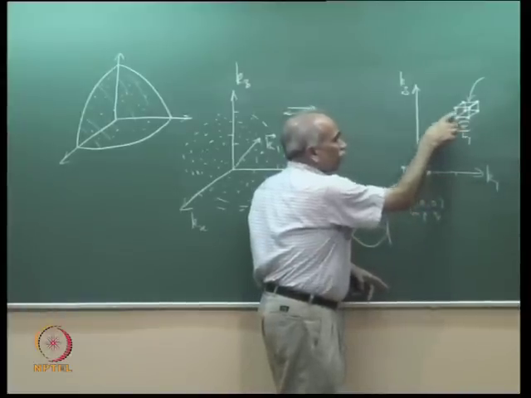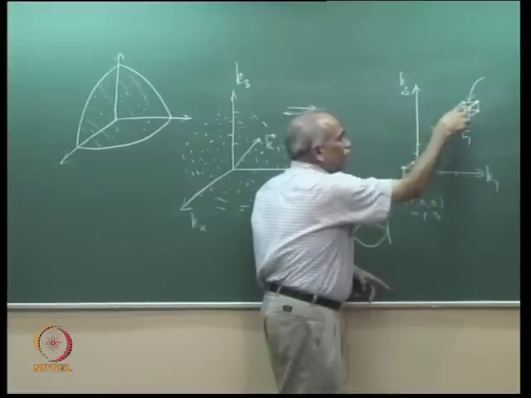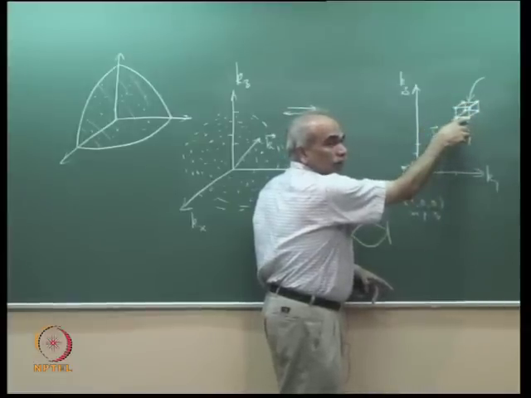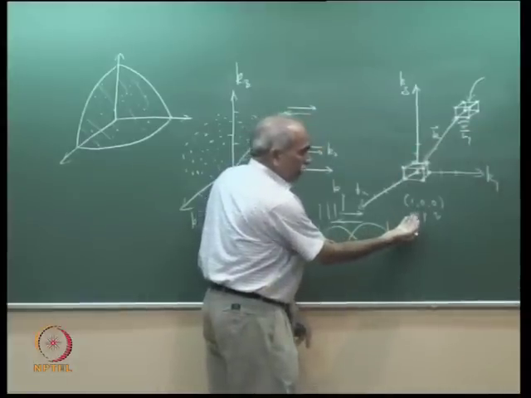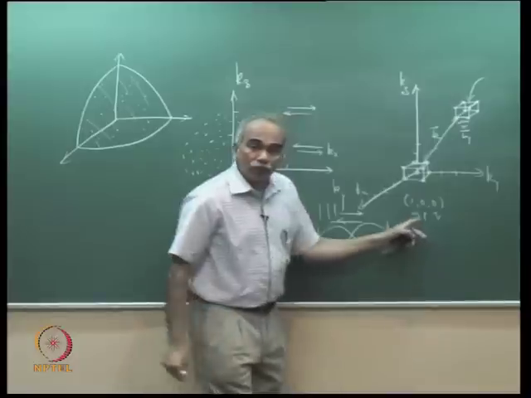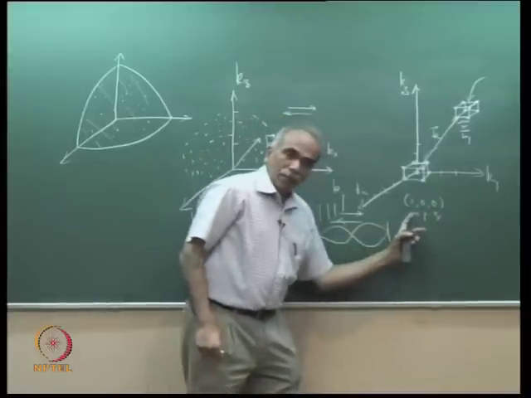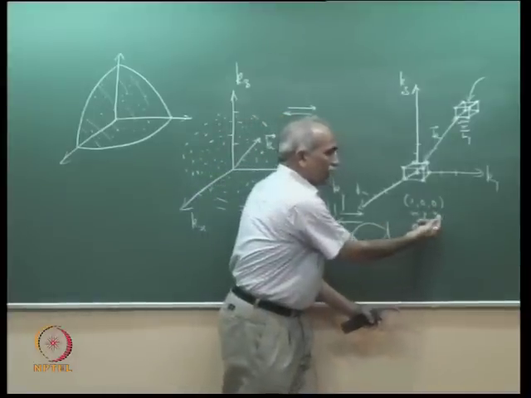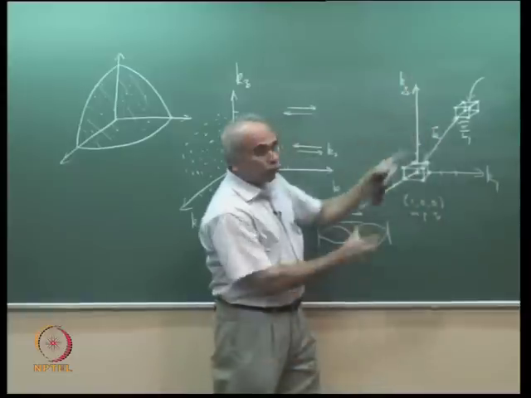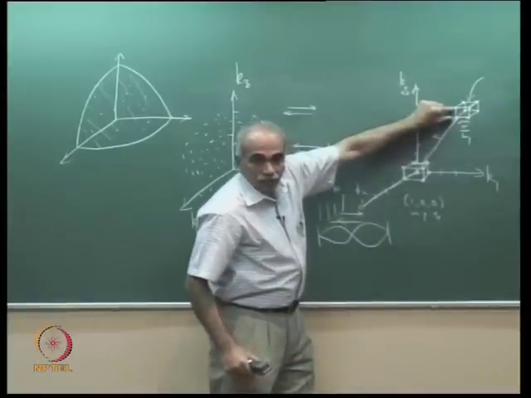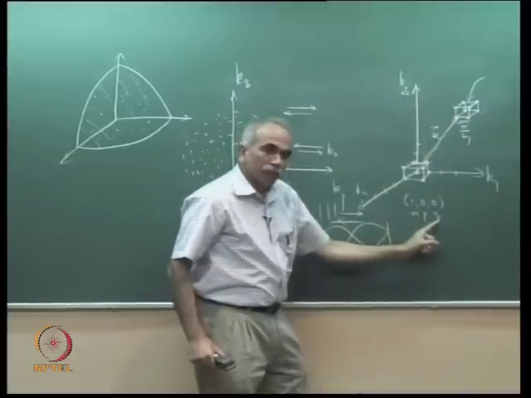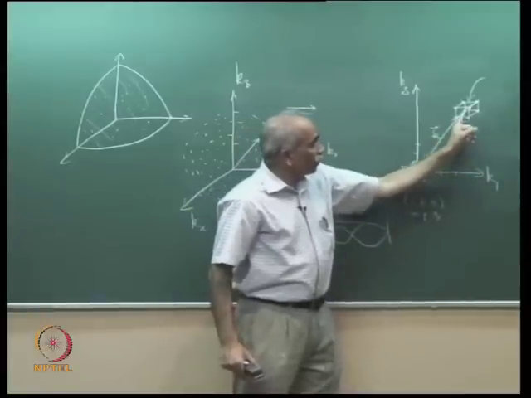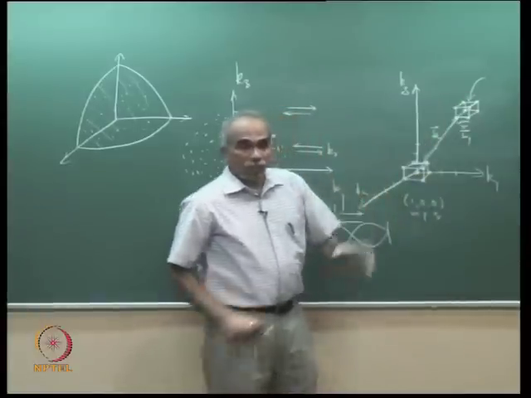The tip of the k vector can sit at any corner here, because the k vector is defined by the values of m, p, q. If you keep m constant, p constant and change q, then it will change by 1 unit in this direction. Do you follow? So different values of m, p, q correspond to different points in the K space.